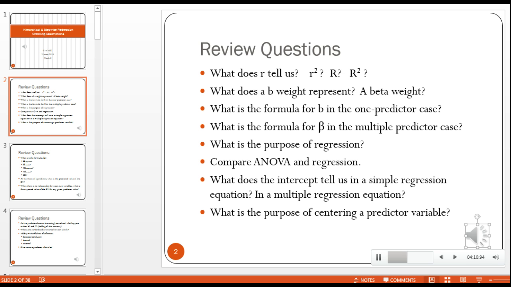Well, the purpose of simple regression, remember in the two variable case or the bivariate case, is we want to know what will happen to the DV based on the knowledge of a predictor variable's value. Okay, so more specifically, what is the expected value of a DV when we have knowledge of the value of a predictor variable?